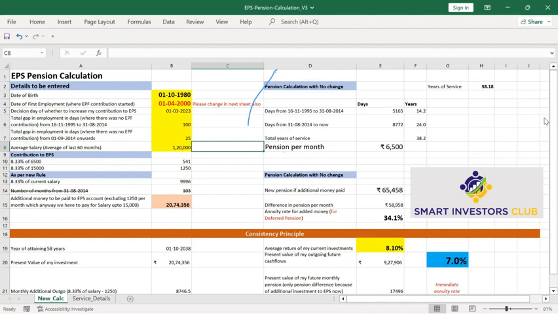But for example, if the calculation shows that the return is 16% guaranteed on the immediate annuity, and we already have around say 2 CR, 3 CR, whatever the figure is, then this amount of 20-30 lakh may not look that big. It may give peace of mind saying that anyway I'm going to get 50-60,000 rupees, so why not. Those kinds of decisions can be taken. Got it, Prasanna.